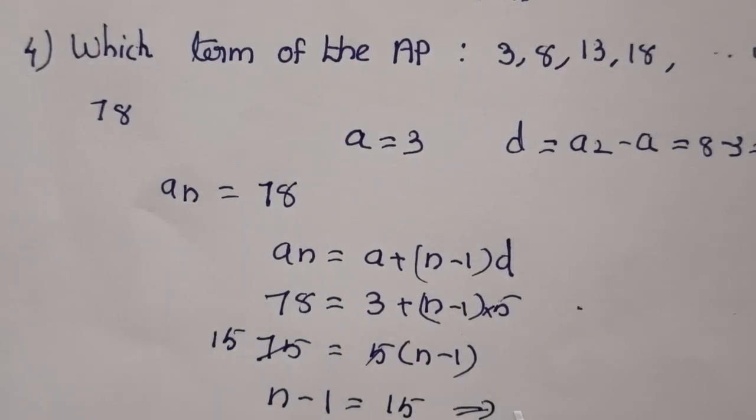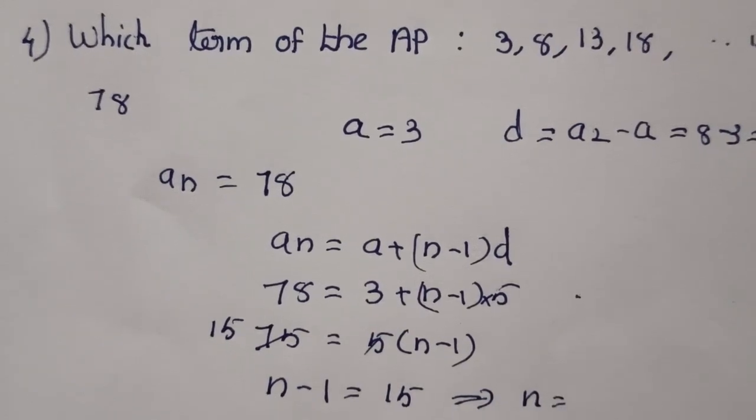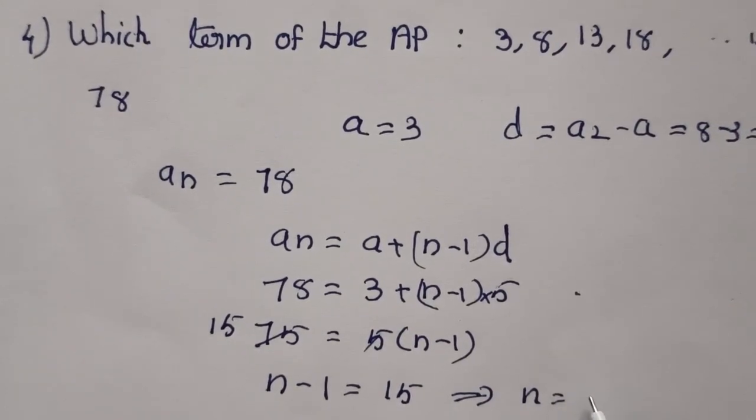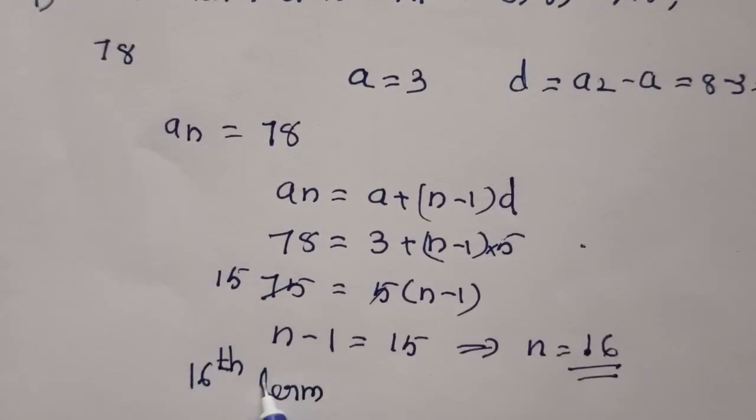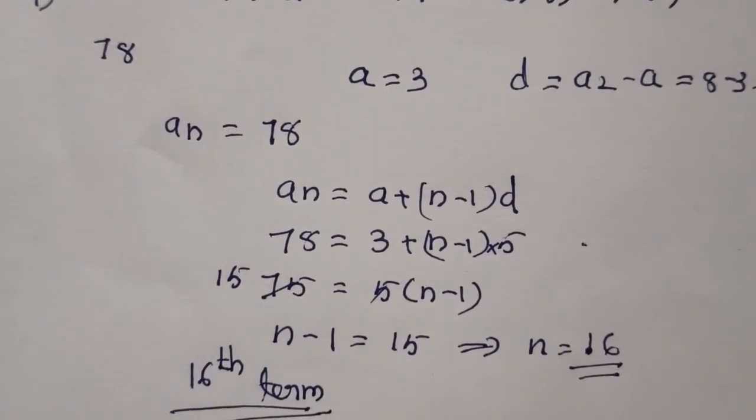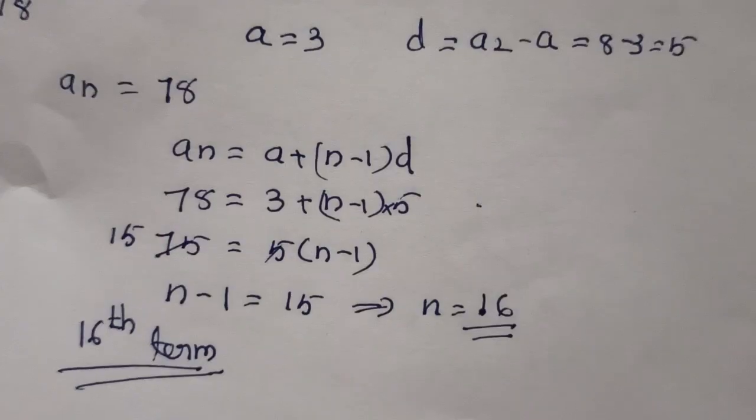Therefore, n equal to 15 plus 1, that is equal to 16. Therefore, the answer is 78 is the 16th term, isn't it? 78 is the 16th term. Thank you.